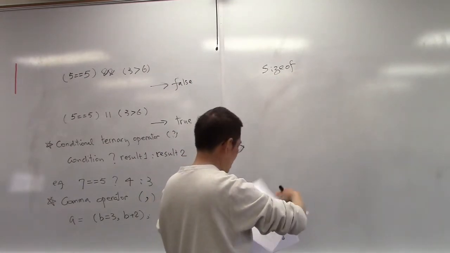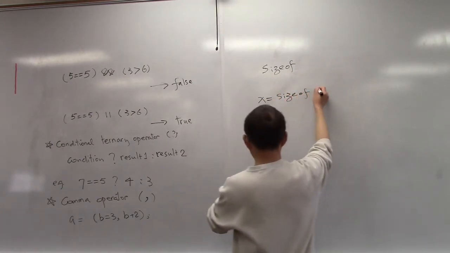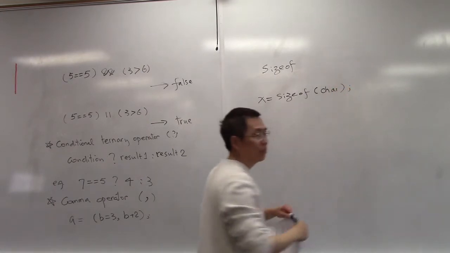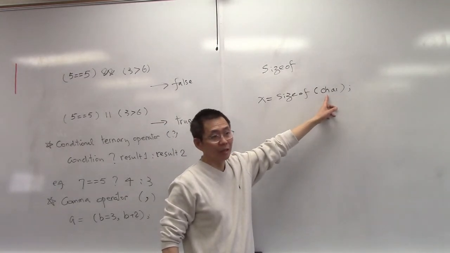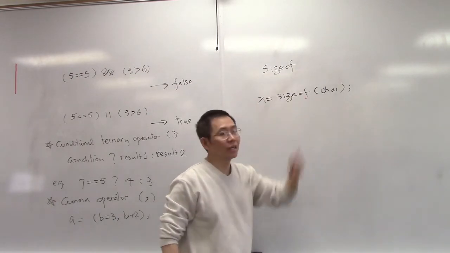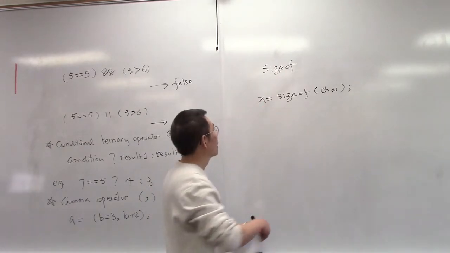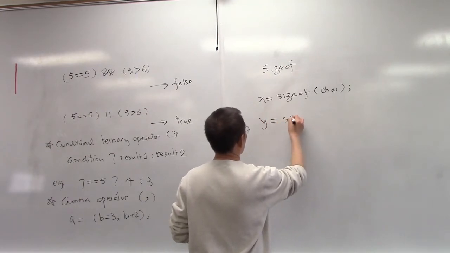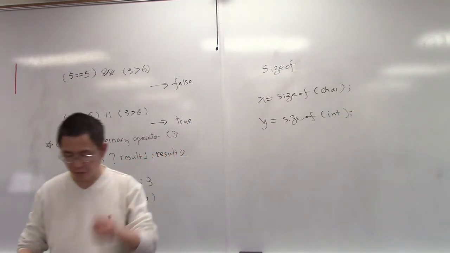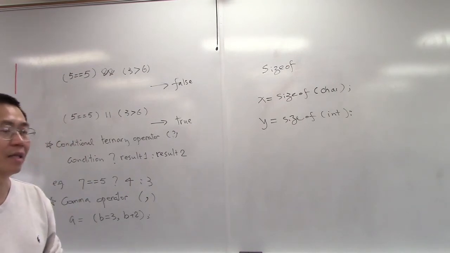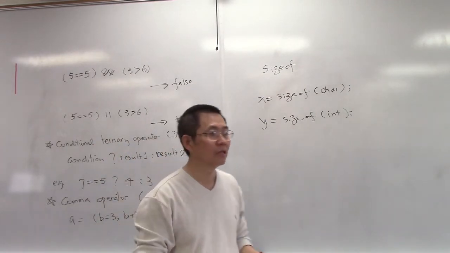So if you write x is equal to sizeof character type, what it does is find out how many bytes this type of character is using and assign it to the value x. For character, I already said it's 1 byte. Therefore, after the execution, x will have the value of 1. If you say y is equal to sizeof integer, usually you will have the value of 2. You use 2 bytes, something like that. And then if you put float here and run your program, you will find out immediately how many bytes a float type of variable is using.